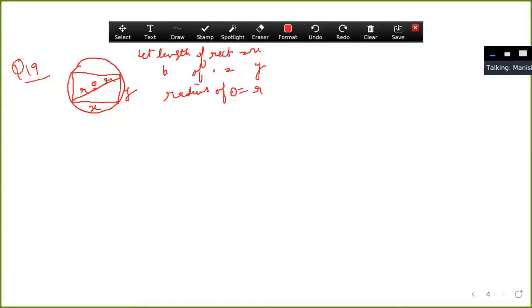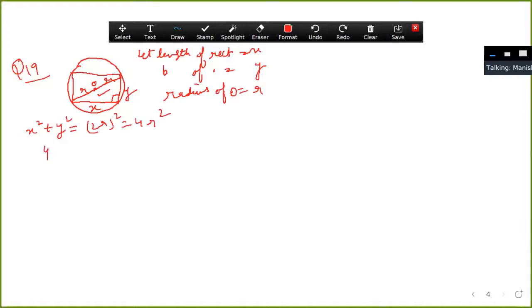So you can see here, if it is a rectangle, the angle will be 90 degrees. You can apply Pythagoras on this triangle. You are getting x square plus y square is equal to 2r square, or you can say it is 4r square.